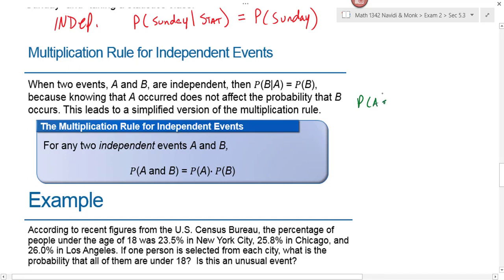The probability of A and B is equal to the probability of A times the probability of B given A. If A and B are independent, this condition isn't going to matter, and we just get the probability of A times the probability of B. And that's where we get this multiplication rule for independent events. It's easy to find the probability of two things if you know that those two things are independent.